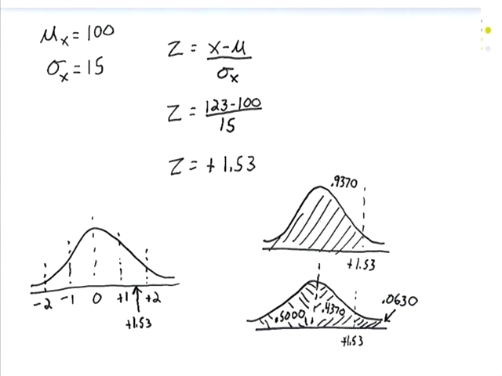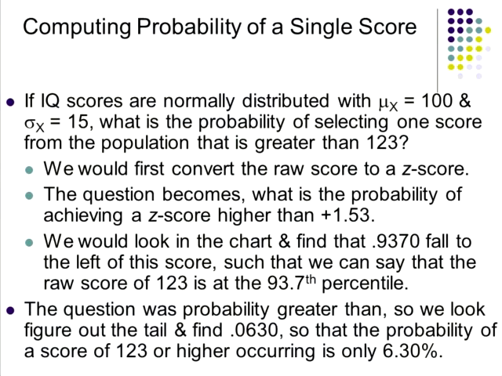In other words, it's that 0.063 that becomes the important piece of information to answer this question. So the probability, if you randomly grabbed a score from this distribution, of getting a score of 123 or higher is only 6.3%. Sweet.